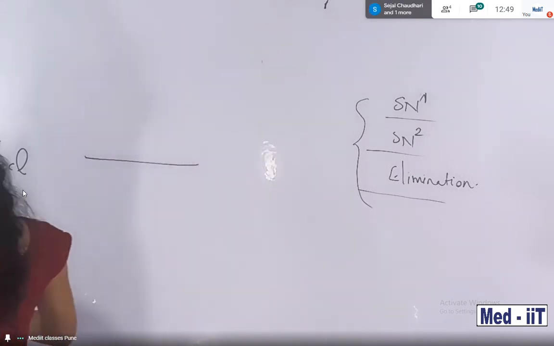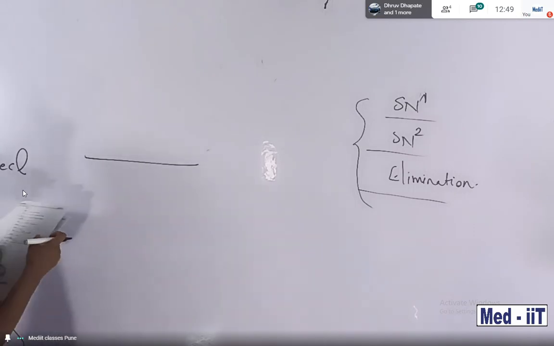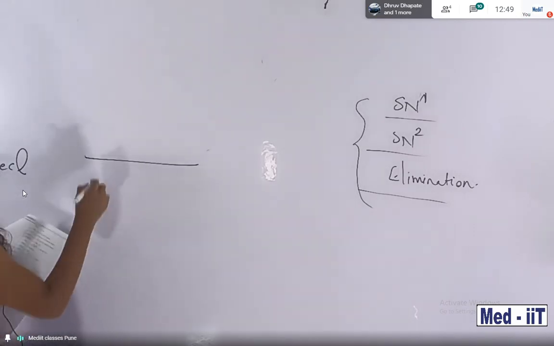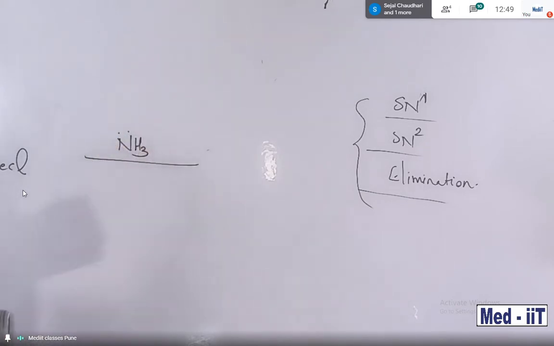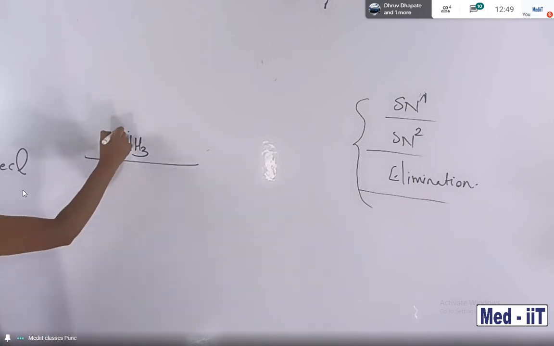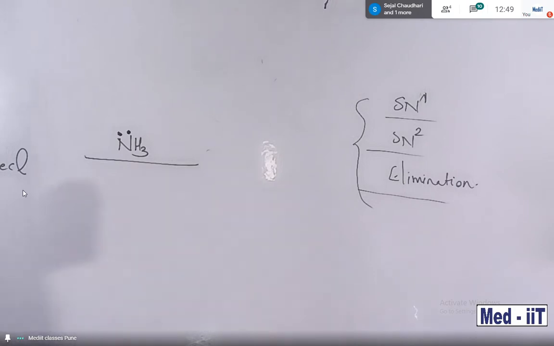Another question. NH3, in the presence of ammonia. Do you know ammonia has a nitrogen containing a lone pair? So try to remember like this. Ammonia, how will it become?